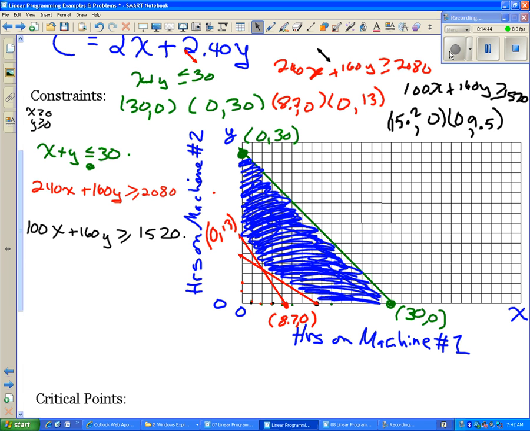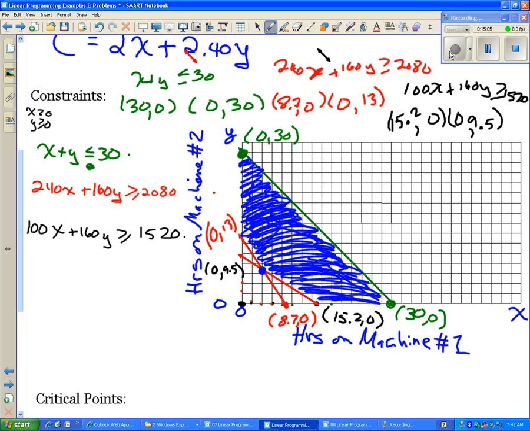And then in black, I have this point over here of (0, 9.5) and this point over here of (15.2, 0). Another constraint point that I have is the point (0, 0).